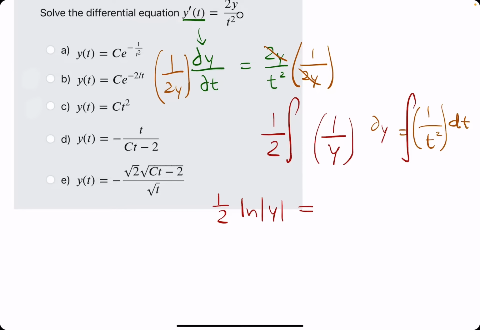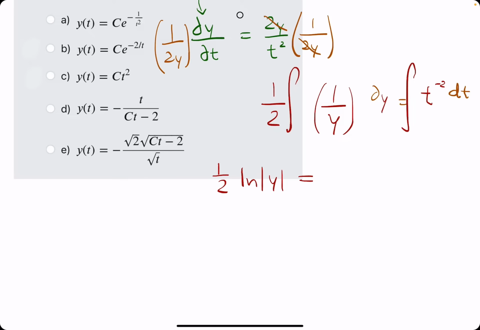So we have 1 over t squared, and we want to find the antiderivative. So first thing I would recommend is rewriting it as t to the negative 2, just like we would taking the antiderivative in other problems or taking the derivative of this function. So we have t to the negative 2. We want to find the antiderivative by adding 1 to the exponent.